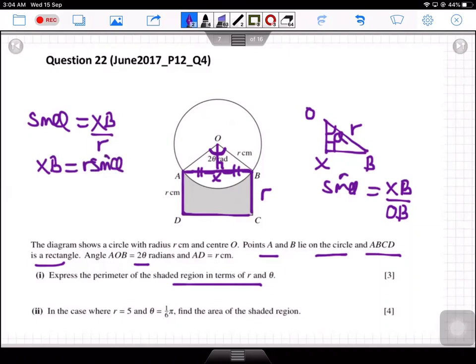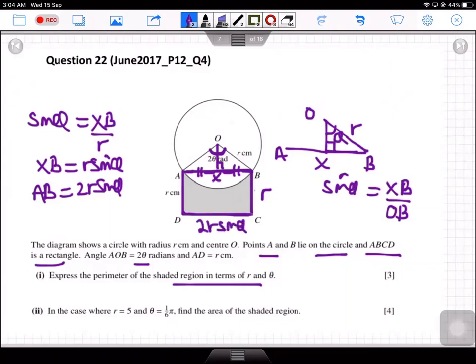Now this is basically XB length. When XB length is multiplied by 2, this will give you the length of AB. So AB is equal to 2 multiplied by r sine theta, and this AB will be definitely equal to CD. So hence we have found CD, 2r sine theta.